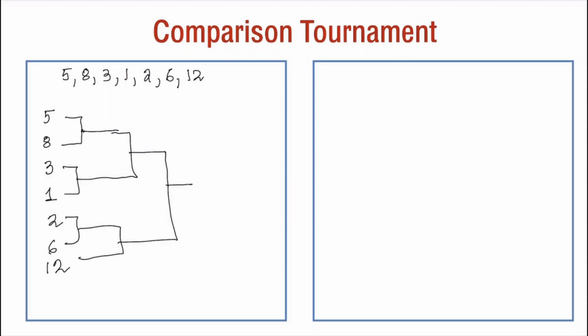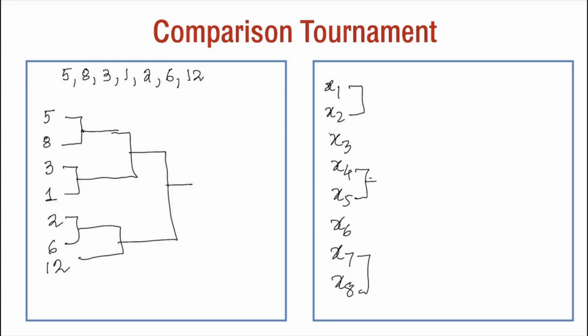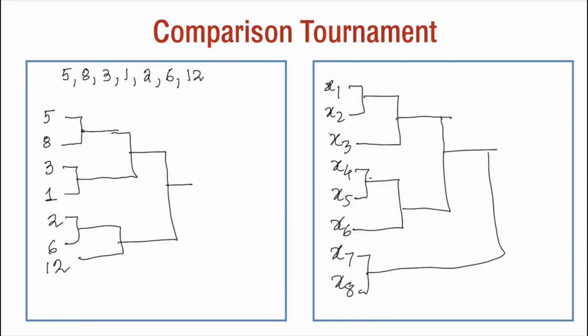Here are the numbers, but in general it could be x1, x2, x3, x4, x5, x6, x7, x8, and we could define a fixture. Let us say we play these two, then these two, then these two, then the winner of this with this, the winner of this with this, and then we play the winners of these two.